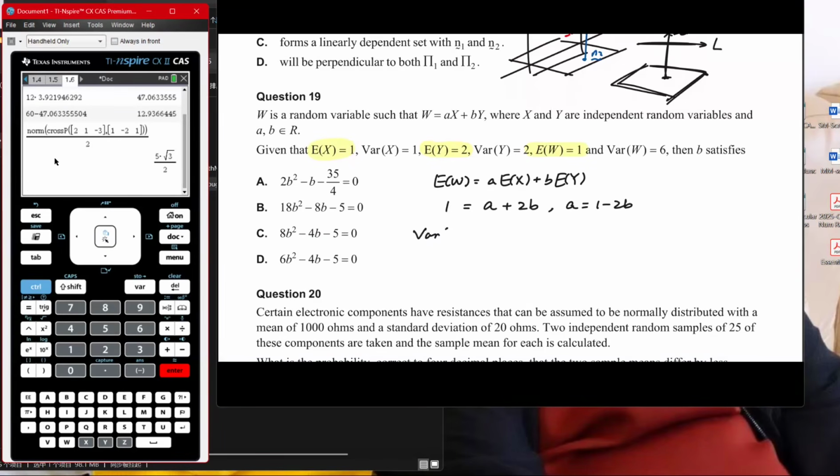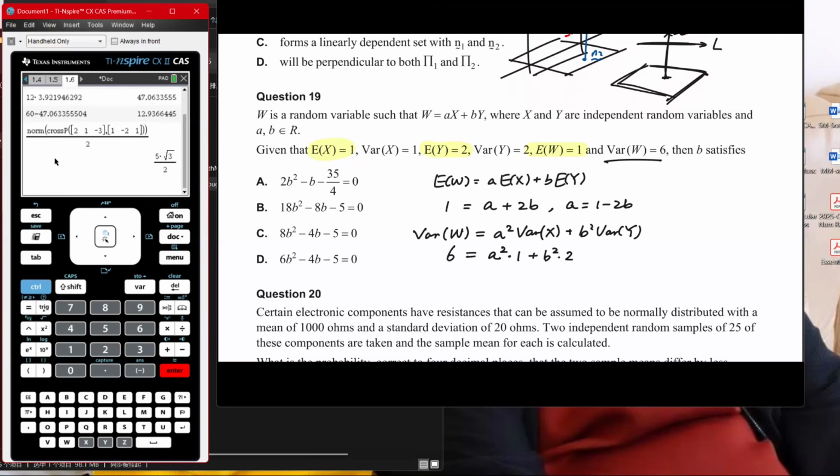And if you use the variance, variance W is A squared variance of X plus B squared variance of Y. Variance W is 6, so 6 equals A squared times variance X, which is 1, plus B squared times variance Y, which is 2.